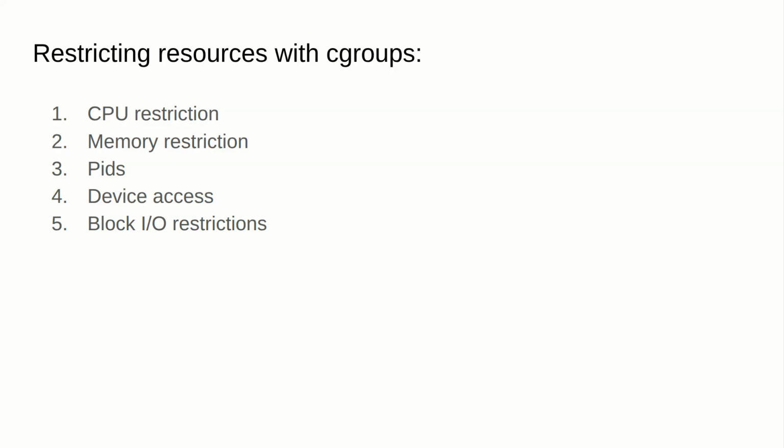That can be restricted. By doing so, if there is any malicious application trying to use more resources, it will be restricted. This is the whole idea behind this cgroups based resource restriction.